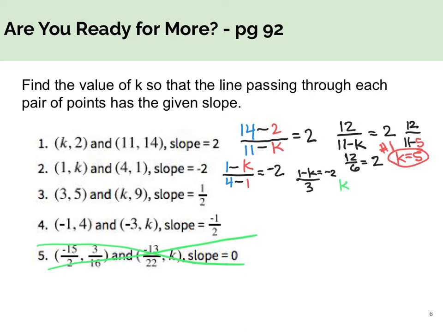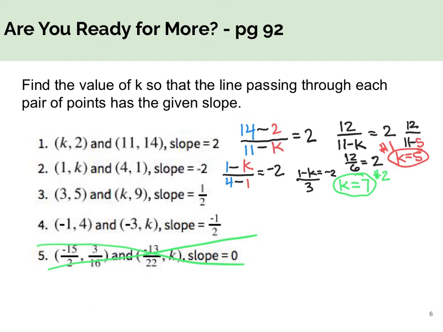Well, if I think about it, my k number that I can stick in there is 7. Because if I do 1 minus 7, that's going to be negative 6. Negative 6 divided by 3, that's negative 2. Awesome.